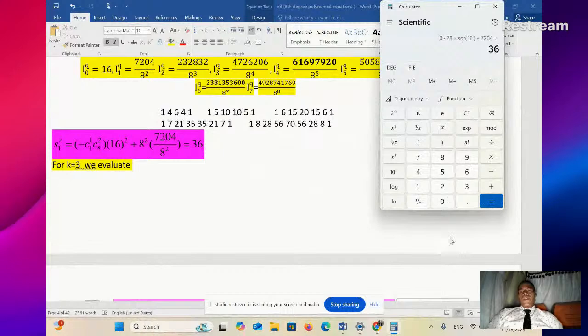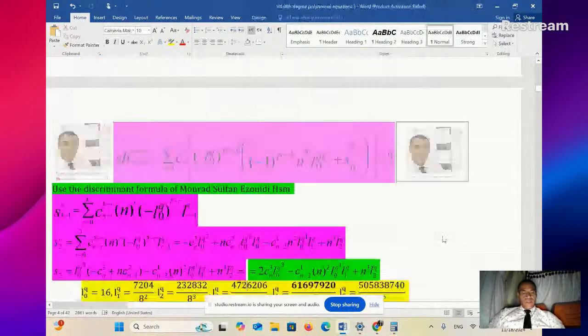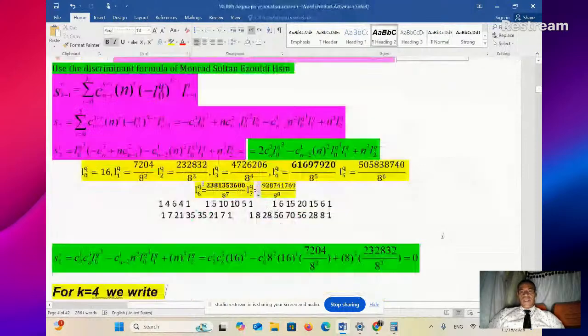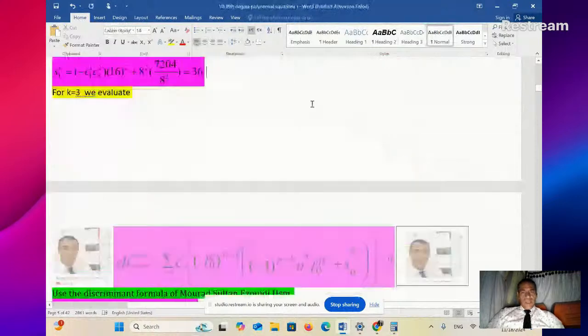Therefore, now learners, we continue for the next value, means that you are going to find S2. I'm going to use my discriminant formula after setting k equal 3. You see here for k equal 3, we should evaluate S2.